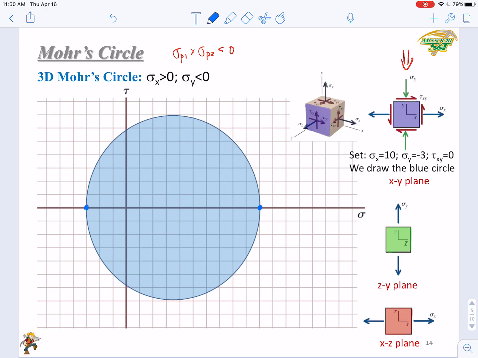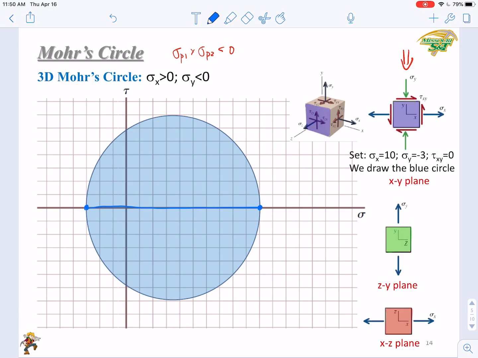Then we find the 2 points: sigma x, tau xy, that is 10, 0, and the second point, sigma y, negative tau xy, that is negative 3, 0. So connect them, you get the diameter, then use it to draw the blue circle. This is the first basic Mohr circle for the XY plane.